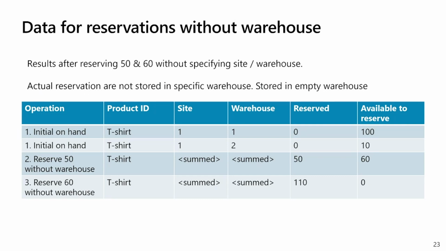And we want to reserve the 60 pieces without warehouse again. And there will be 110 reserved and 0 available in this case. So the key takeaway here is that if we are trying to make a soft reservation without site and warehouse, then inventory visibility service will never determine it for us. It will leave it empty.